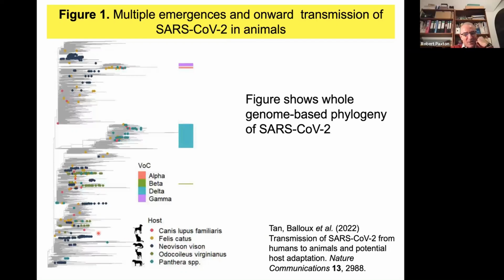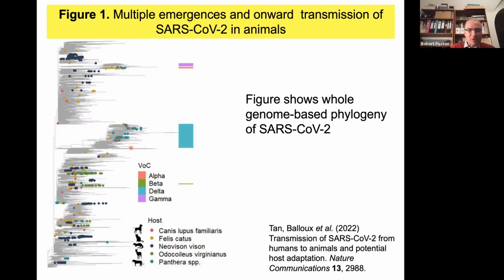This is the species name of the ferret. And we can see that actually those variants that are now found in dog, or have been found in dog and cat and ferret, but also in white-tailed deer in North America and felines, are derived from the human. They're slightly different from the coronavirus that's found in humans and derived from it. So it's clear that SARS-CoV-2 is spilling over now from humans to our domestic animals and even to wild animals, from an origin in humans.